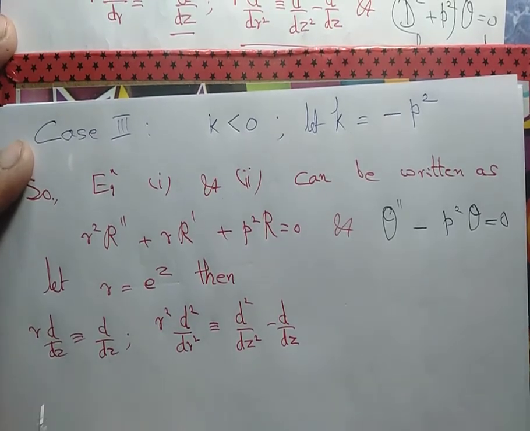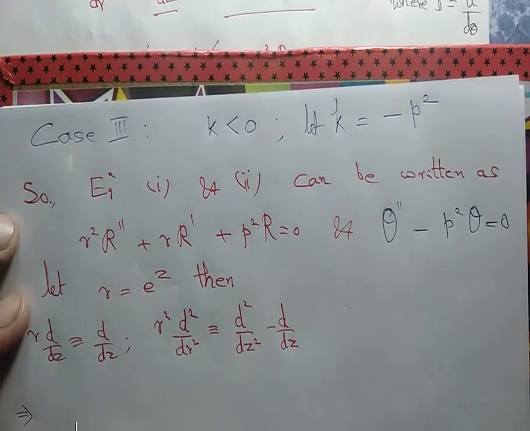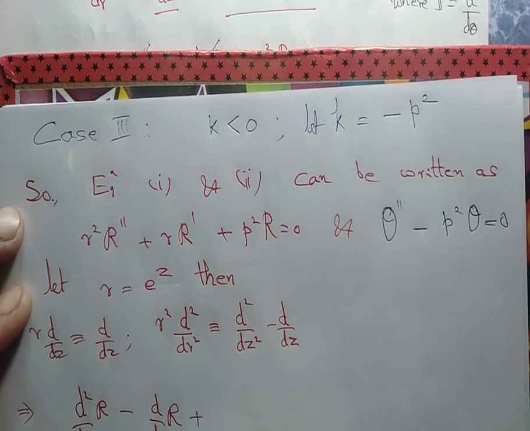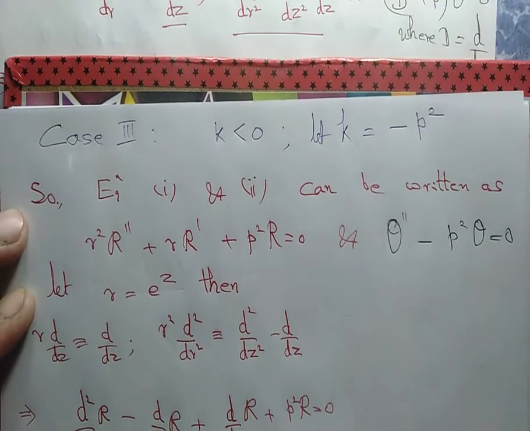So your equation will reduce to d2 by dz square of r minus d by dz of r plus d by dz of r plus p square r equal to 0.